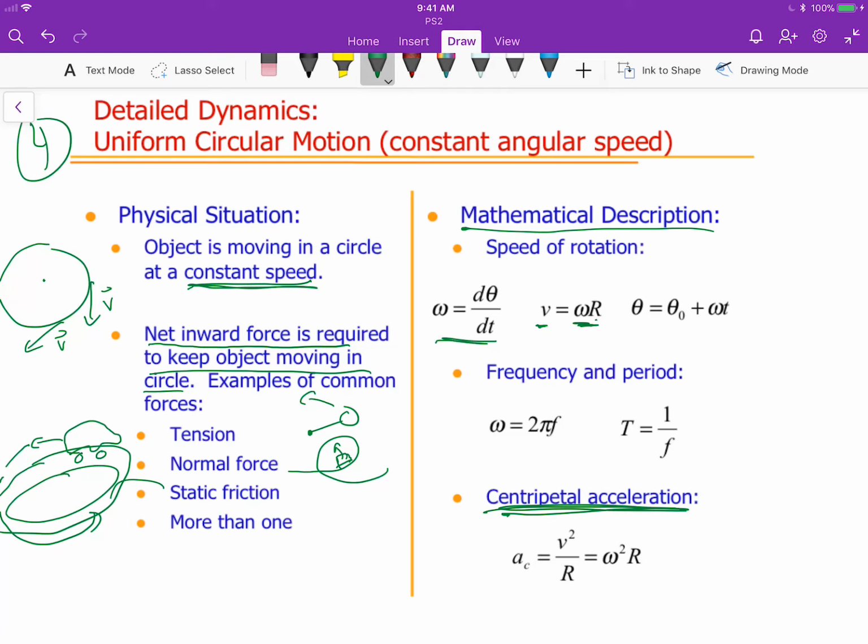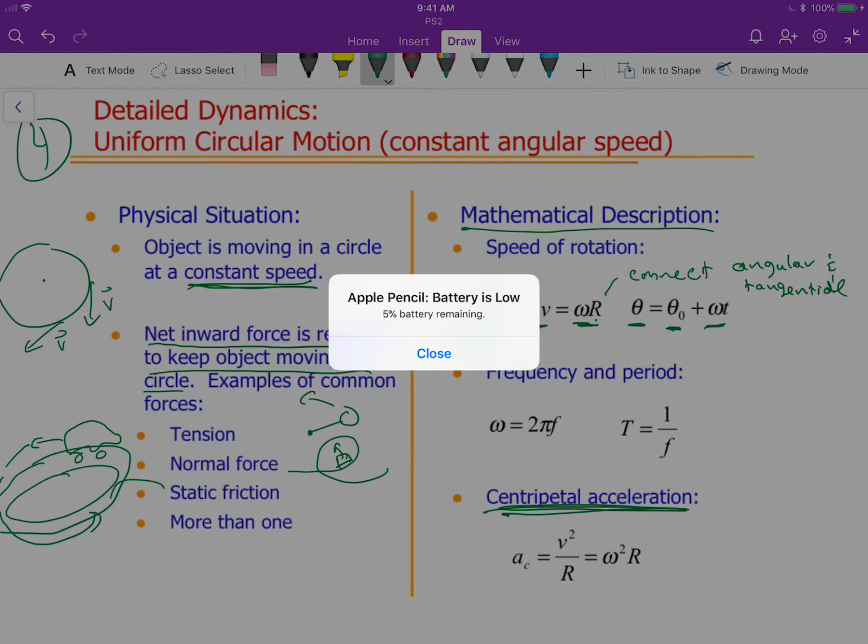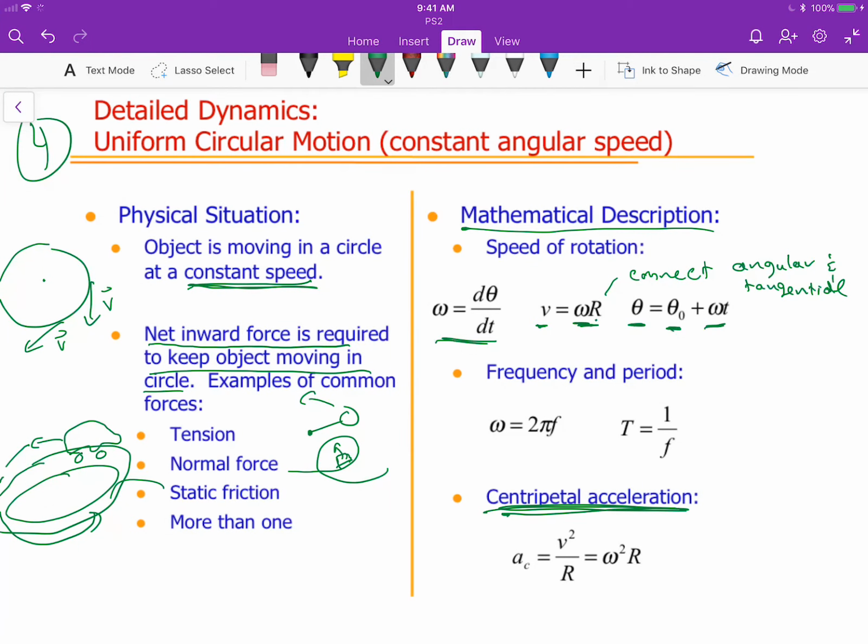Remember, r is the way that we connect angular and tangential. By multiplying by that r, we can get to our tangential quantity. And then we can figure out what some later angle is if we look at the initial angle, and add omega times time.